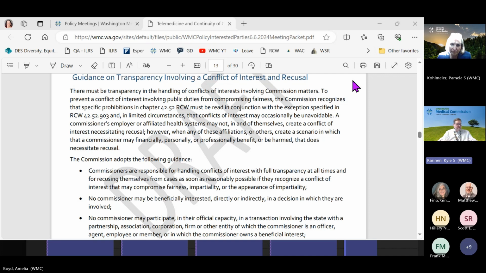And typically, on the legal staff side of things, we try to establish a conservative policy, but also a broad policy. And when in doubt, we ask commission members to step off.